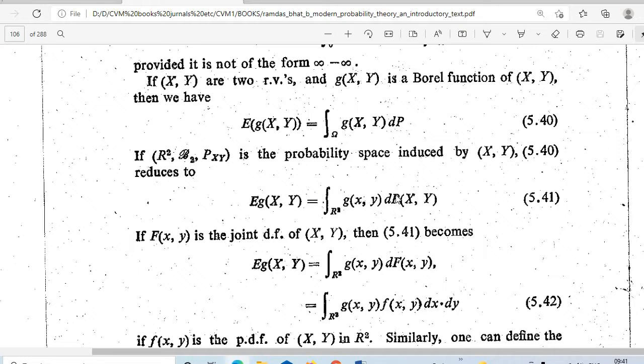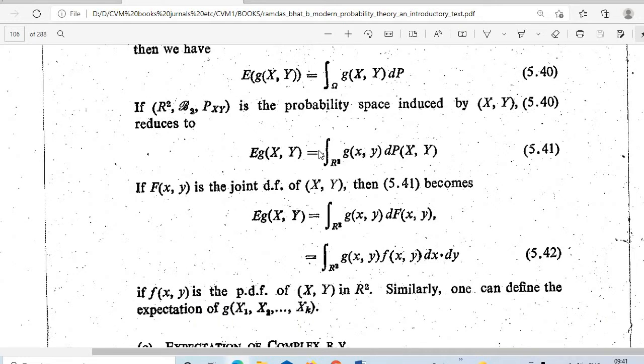Okay, so you can represent like this: expectation of g of x comma y equal to integral g of x comma y dPxy. Then instead of dPxy you can write it as dFxy. So that is integral over R2 g of x comma y dF of xy, capital F of xy.